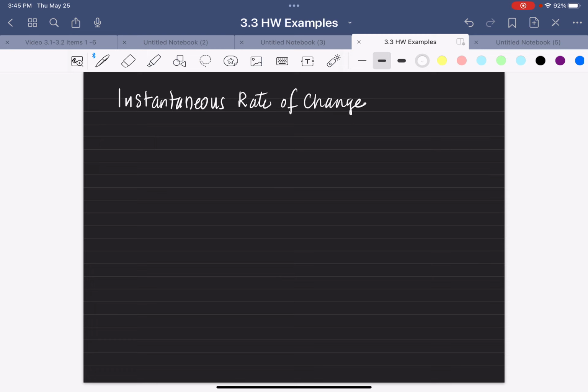Now, there's a video in the first day's module about instantaneous versus average rate of change, and you need to watch that because I use an applet to show you what we're actually doing.